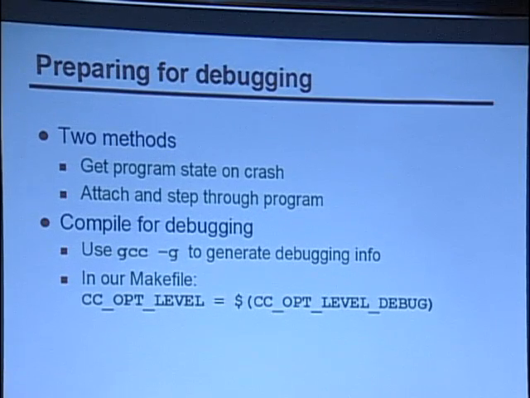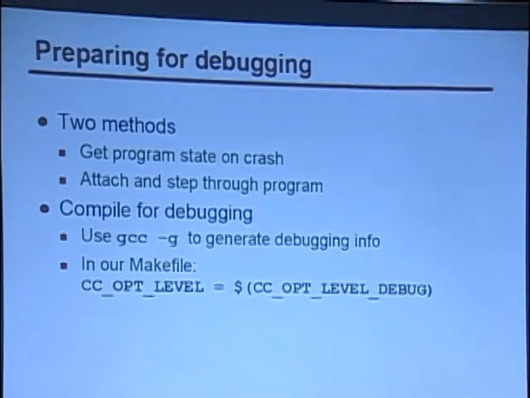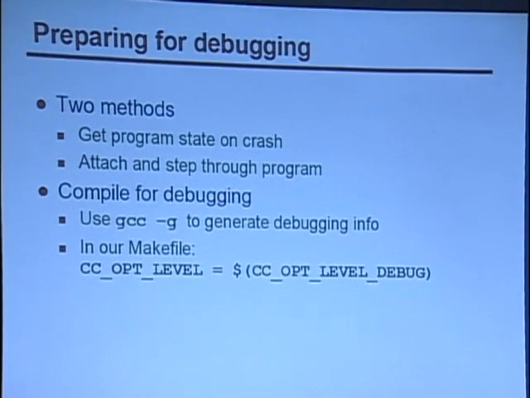Now, in order for GDB to be able to provide useful information about the state of your program, you have to give it a little help. You need to compile your program using GCC -g. XLC -g will also work, and this puts some extra information into your program so that when GDB is looking at the state of your program, it's able to figure out what line numbers in the source code that corresponds to.